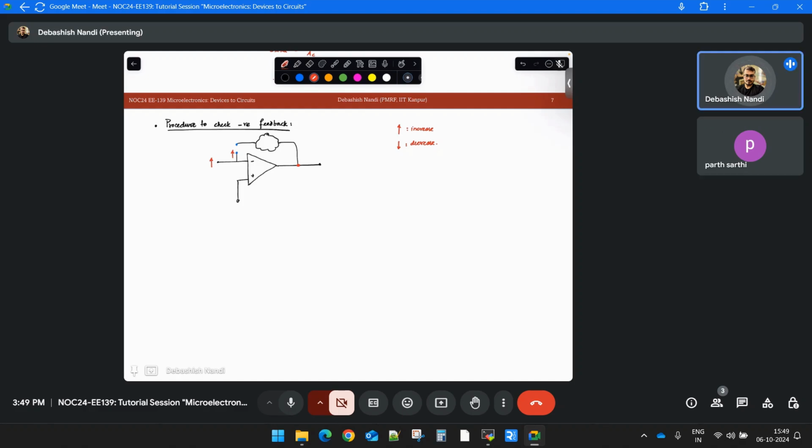Increase. So your V minus is increasing, right? And your V out is basically A times your difference, A_D times V plus minus V minus, right? So this is increasing, so your output should be... this is your V minus, and this is your V plus. This is your open loop gain.